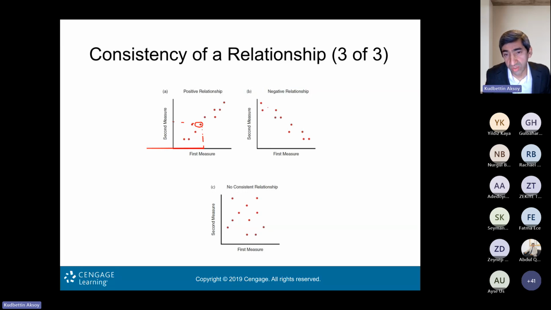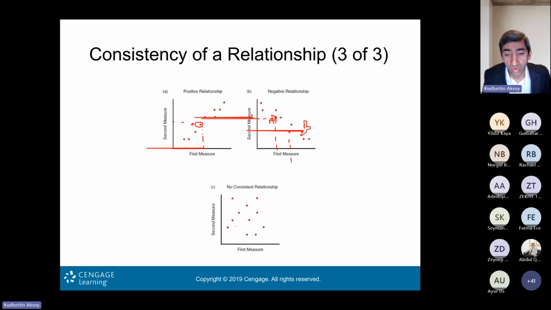Negative is, as you see, look at person A and person B. Let's say this is test 1, this is test 2. Person A got a low score on test 1 and a high score on test 2. Person B has a high score on test 1, the opposite. Therefore, it's negative.